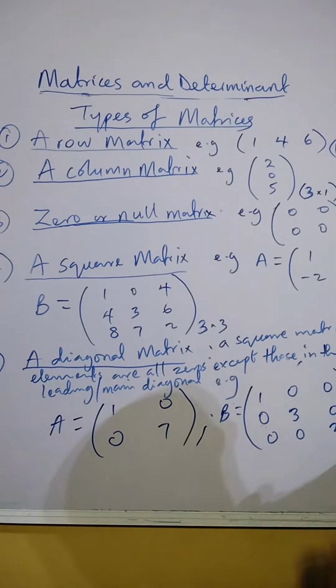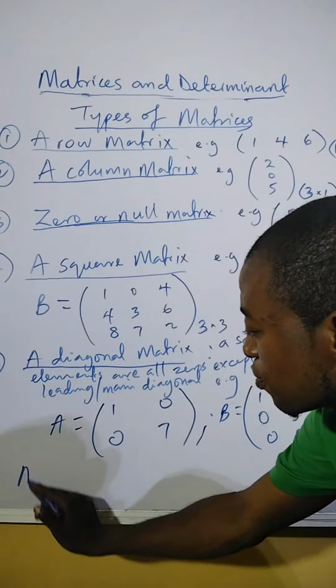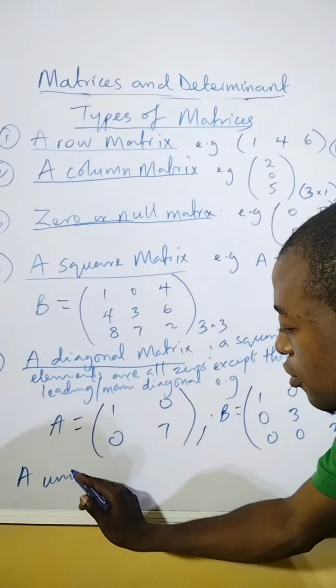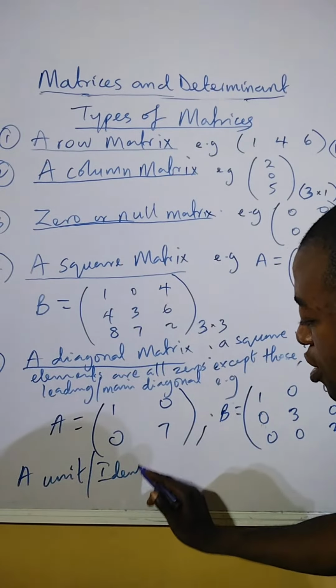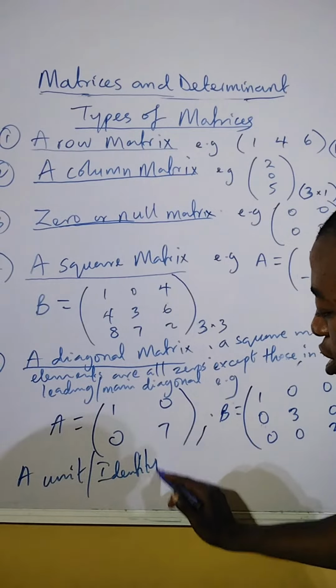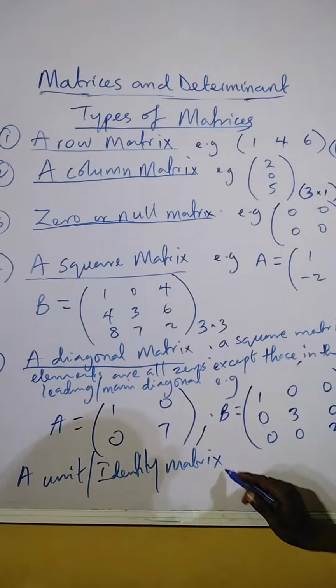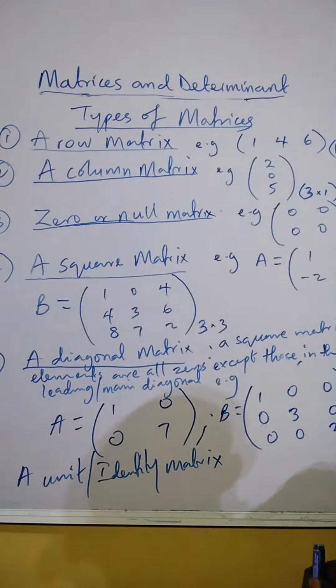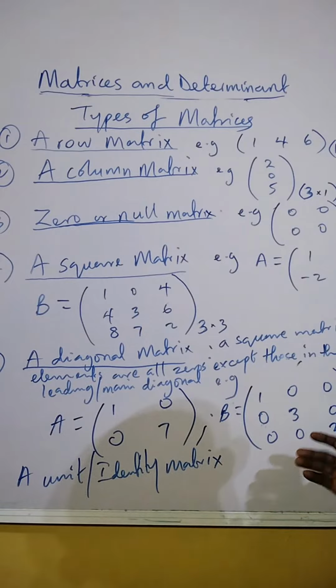Also, we have a unit or identity matrix. So we have number 6, a unit or identity matrix. Identity matrix. So this matrix is a diagonal matrix. Remember what the diagonal matrix is, okay?